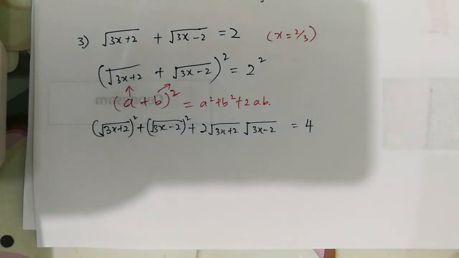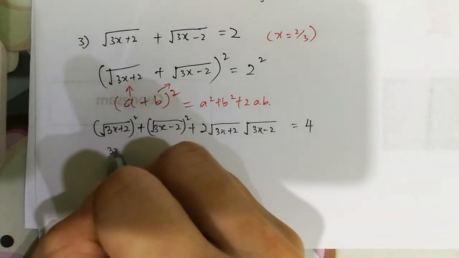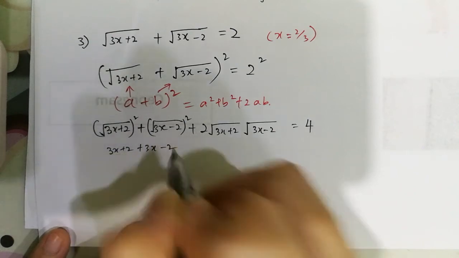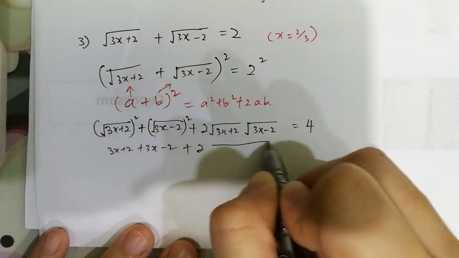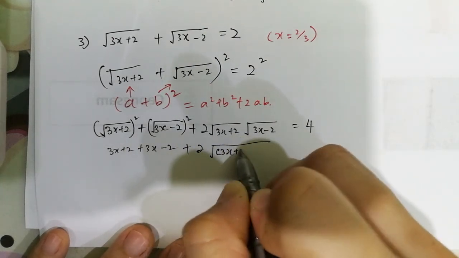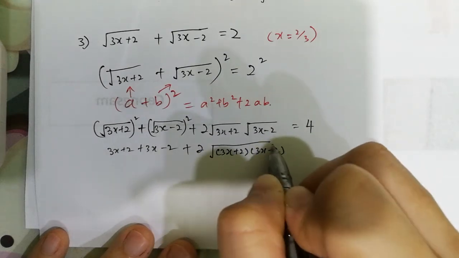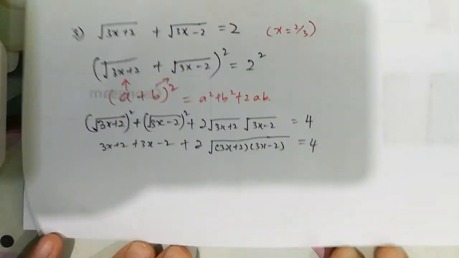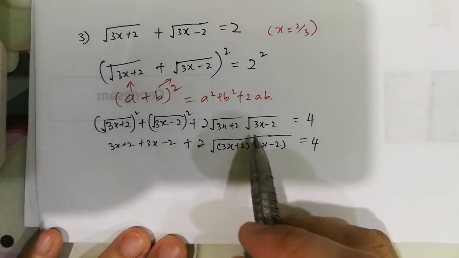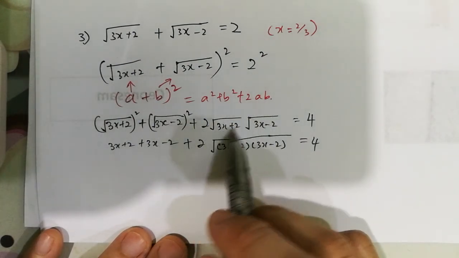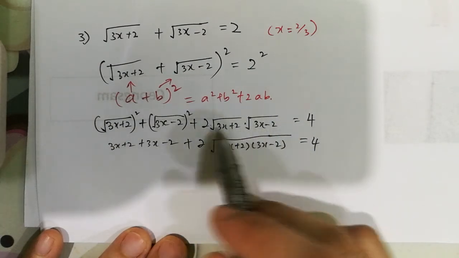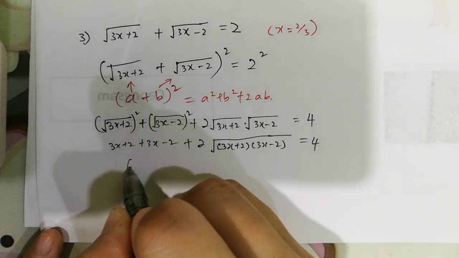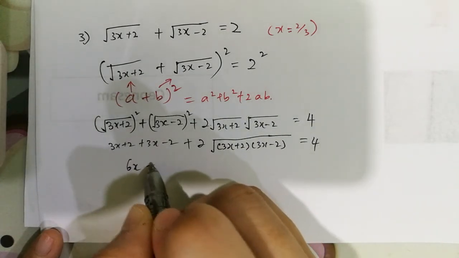So this one becomes 3x plus 2 plus 3x minus 2 equals 4. Because it's power half, same power, and it's multiplication, so I can combine. So this is 6x, plus 2 minus 2 no more.